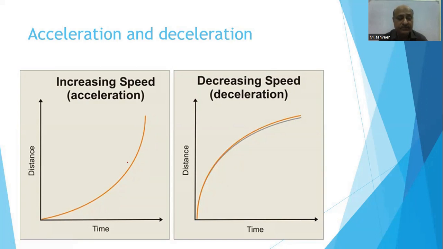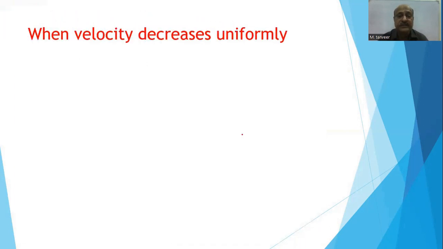When you draw the tangent, the curve is upward direction. But when you draw the tangent here, then the curve is in downward direction. So this is for deceleration.